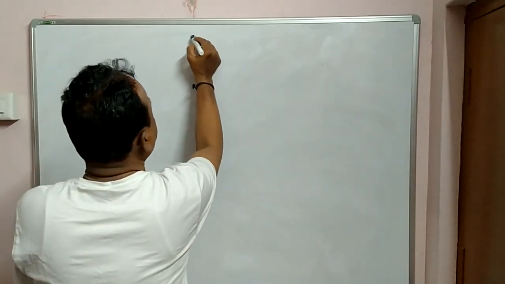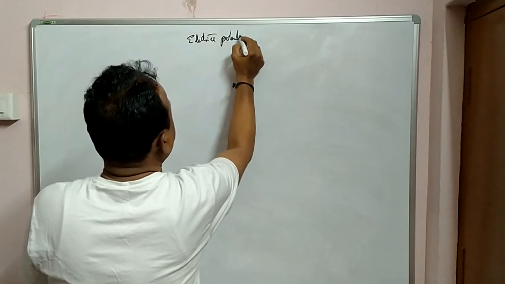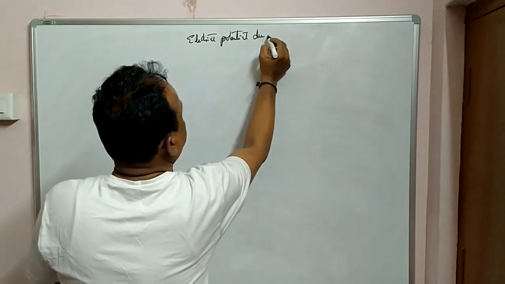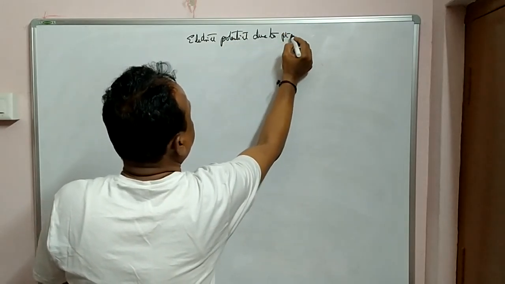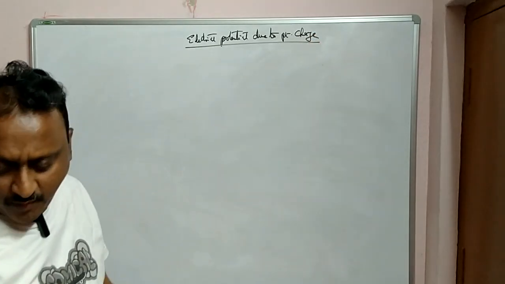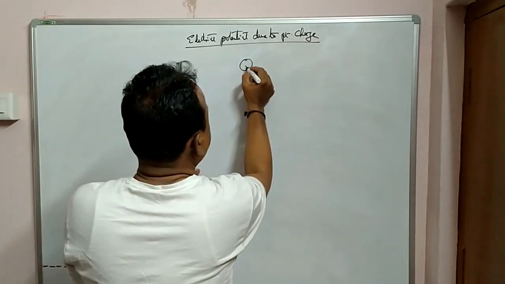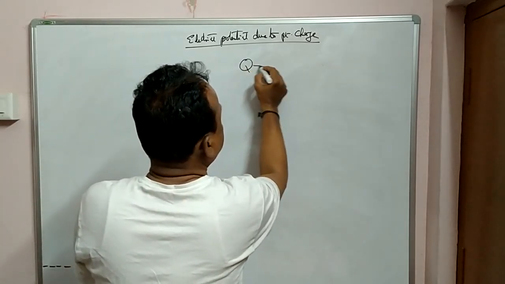Next one, electrical potential due to point charge. Suppose a charge plus Q is given, a point charge.